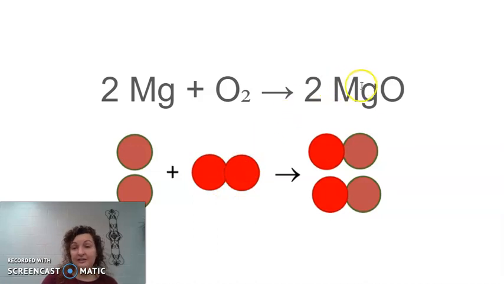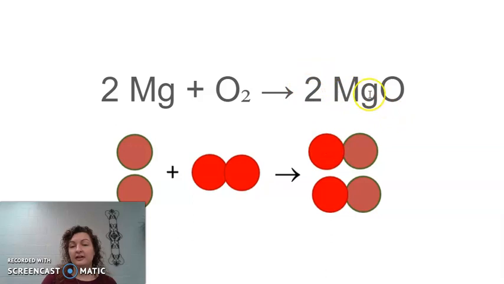But on the other side, my product side, this is now what's happened after they've chemically combined. So once something chemically combines, it changes, right? It's no longer the same. So in this case, we have two compounds of magnesium oxide. So I have one magnesium and one oxygen each, but I have two of those, okay?